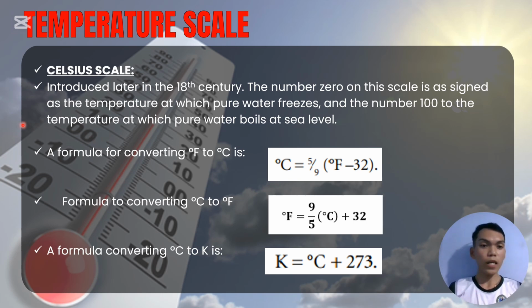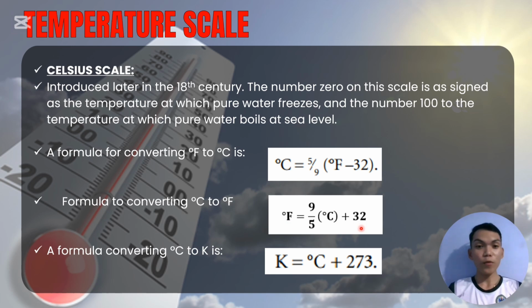So here is the formula for converting degrees Fahrenheit to degrees Celsius. Degrees Celsius is equal to 5 over 9 multiplied by degrees Fahrenheit minus 32. Next, we have the formula in converting degrees Celsius to degrees Fahrenheit.